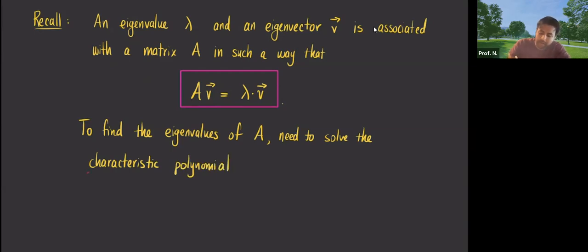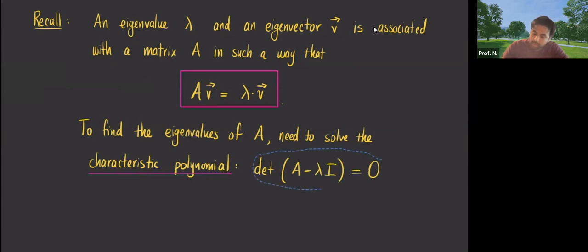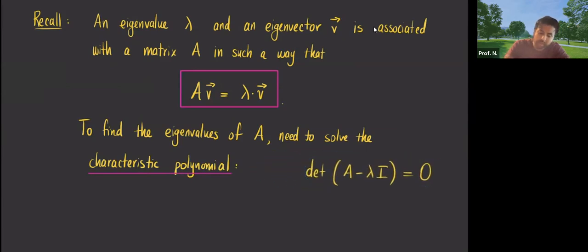And the characteristic polynomial is given by the determinant of A minus lambda I equals 0. So that's the polynomial. When you compute the determinant of this expression, you get a polynomial in terms of lambda. And when you solve that characteristic polynomial, the roots are the eigenvalues.